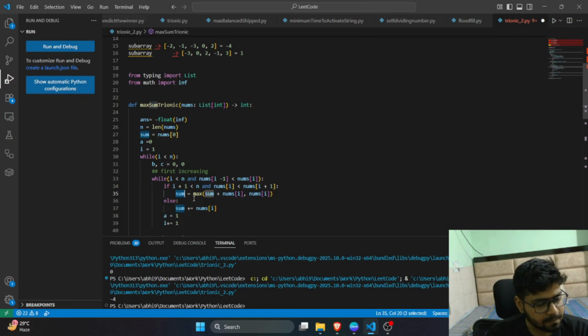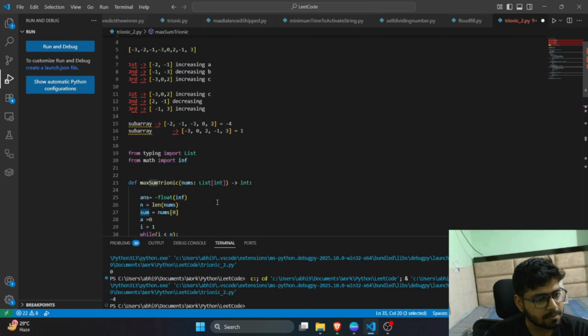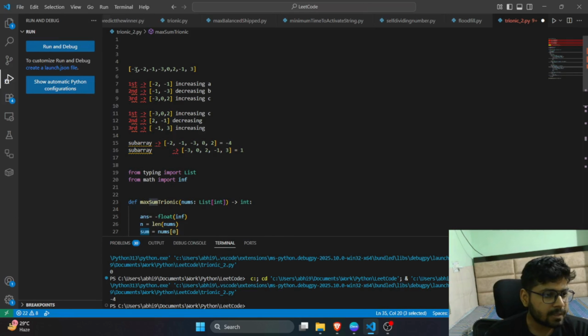We can calculate the current sum and take the maximum sum, where we check whether the sum calculated till now, including the current nums[i], is greater than the current num that we have taken.